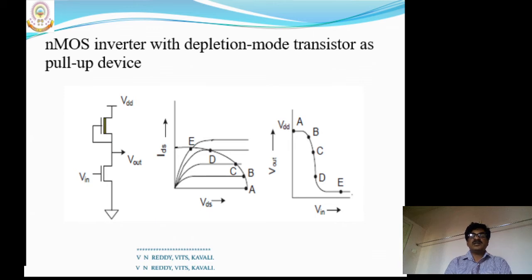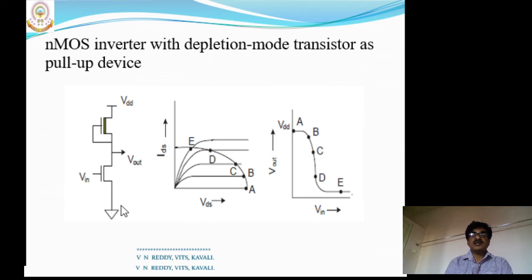But what are the drawbacks here? When the output is logic low, what does it mean? The pull down transistor is on, and already the pull-up transistor is on. If both transistors are on, there is a direct current flow from VDD to ground.